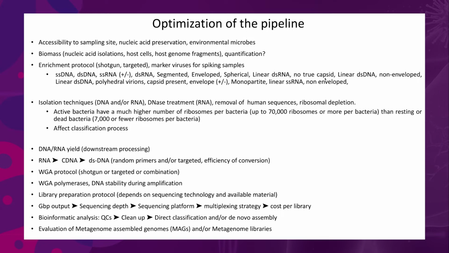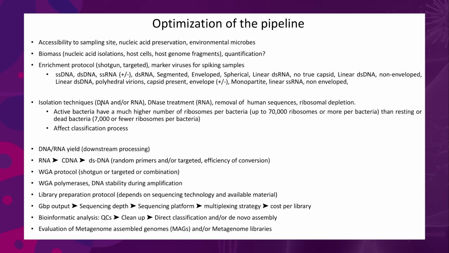In the setting of viral discovery, this is not something realistic because we have so many different types of viruses, and over here you can see just a small list of the different types of viruses we identified. So spiking a sample with a known viral sequence, in order to test for bias, is just something possible. In the isolation techniques, of course, we can do DNA and/or RNA extraction, or both.